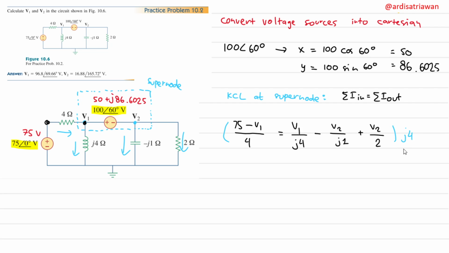So I will have, let's see, this j4 will cancel that 4. So I will have j75 minus jV1, right?